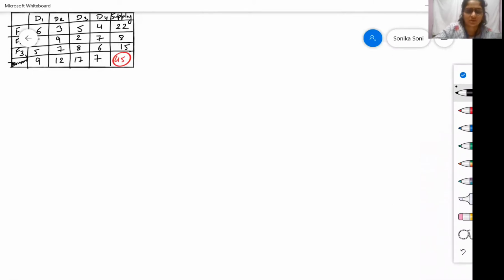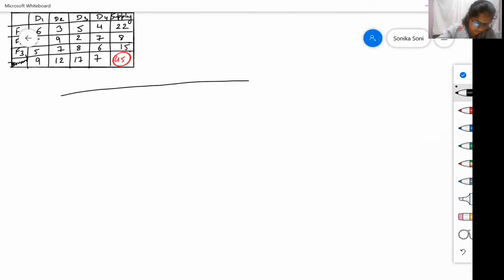So how do we find out the solution? We have to make a matrix table, but it is a little bit different from the LCM and NWCM methods.